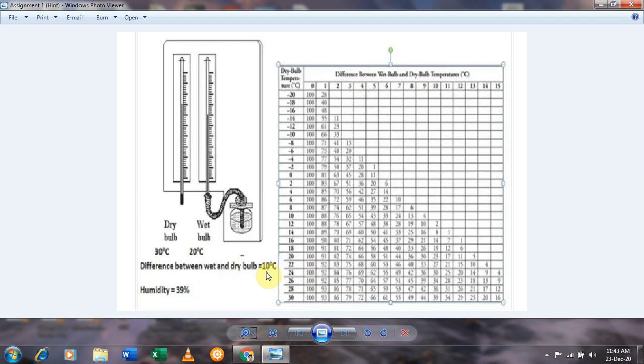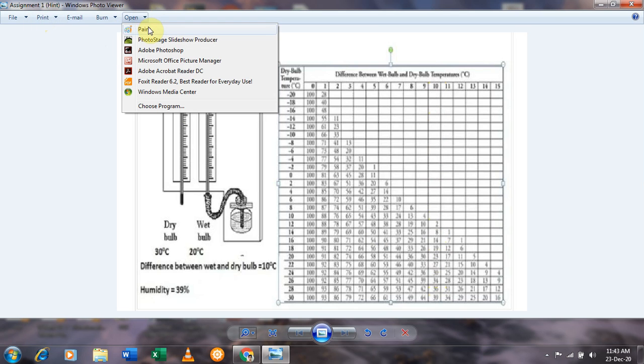As the difference is 10, I will put the mark over here, where the line under the 10 will coincide with the 30, that is 39. So this is the reading we will use.